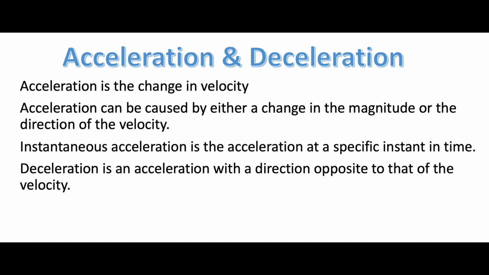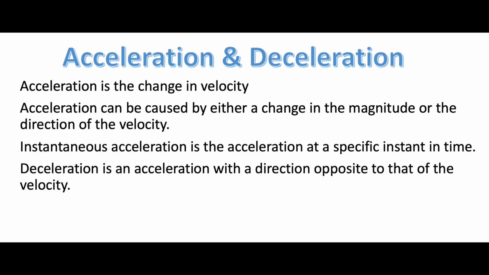For example, when we studied the motion of a stone upward or downward, during the upward motion, the direction of displacement is upward and the direction of velocity is upward. But the force acting on the stone is downward, or we can say the acceleration is downward. So if velocity and acceleration are in opposite directions, there is a decrease in velocity. We call it deceleration.